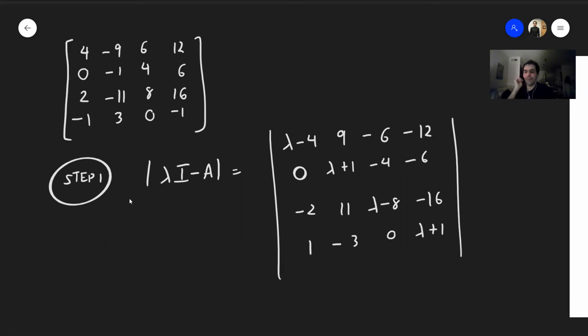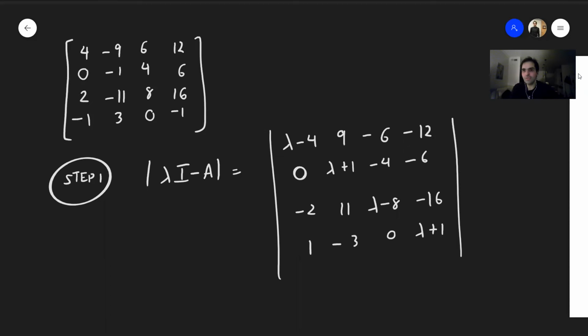And at this point, check that everything is correct, because if you make a mistake here, everything else will be wrong. So lambda minus 4, 9, -6, -12, 0, lambda plus 1, -4, -6, -2, 11, lambda minus 8, -16, 1, -3, 0, lambda plus 1. All right, so very good. And now let's move on.